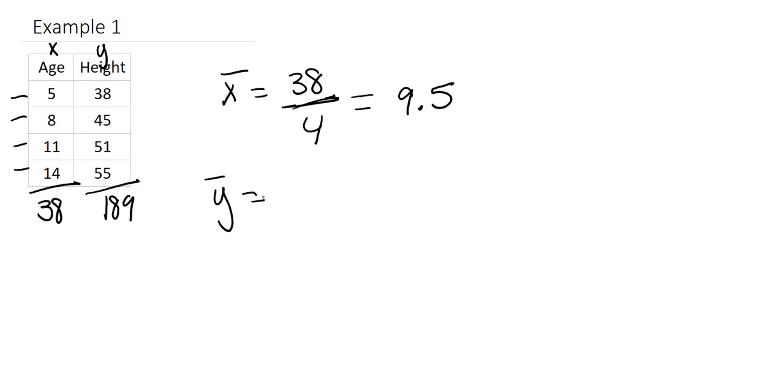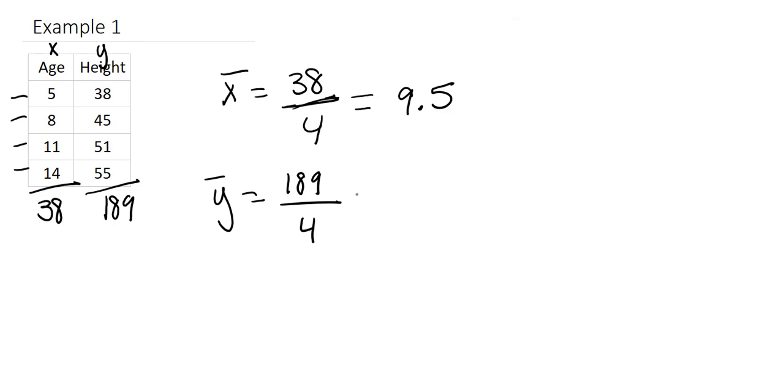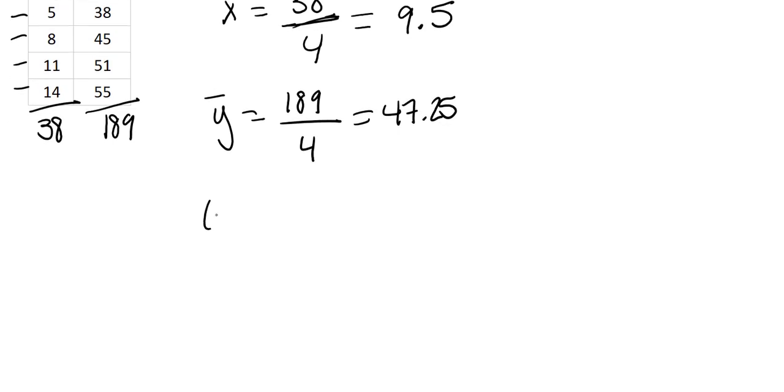What's our y bar? Well, we have 189. We have the same number of samples, so that's 4. So 189 divided by 4, and we're given 47.25. So x bar, y bar is equal to 9.5 and 47.25.